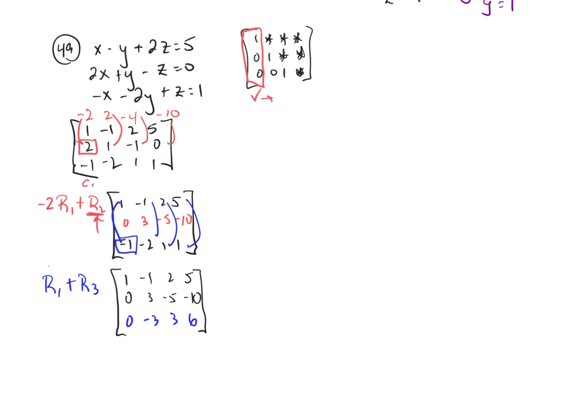Now I'm going to move over here to column 2. So the first thing I would like to get is a 1. I also need a 0 in that column. Now, right now, I could certainly get a 0, and if you want to go that route, that would be perfectly fine with me. What I'm noticing, and this is just in my head, if you notice it, great. If you don't, that's fine.